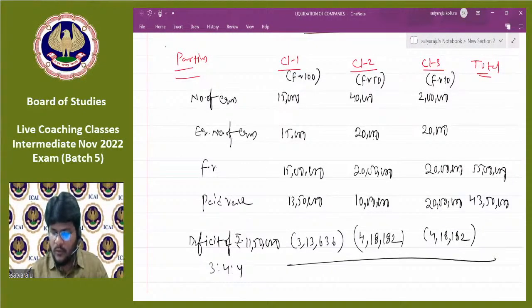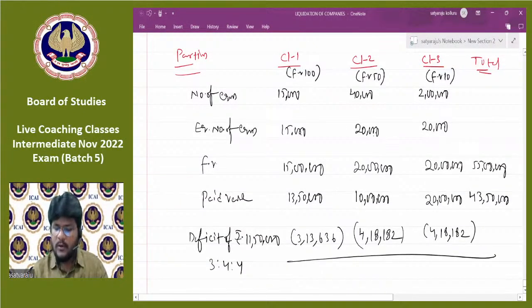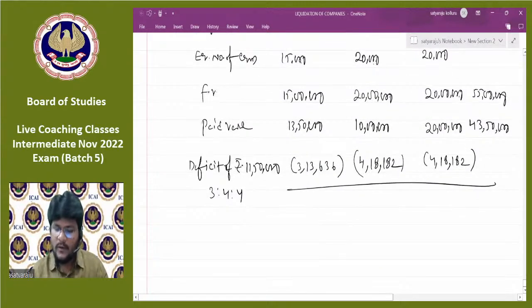Now, if you reduce 13,50,000 minus 3,13,636, 10 lakh.